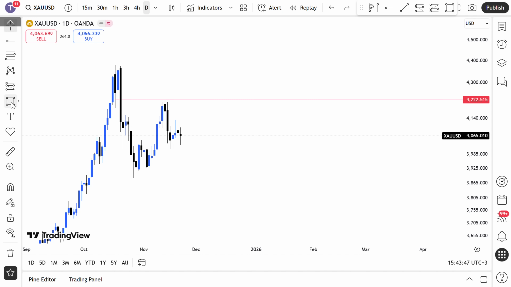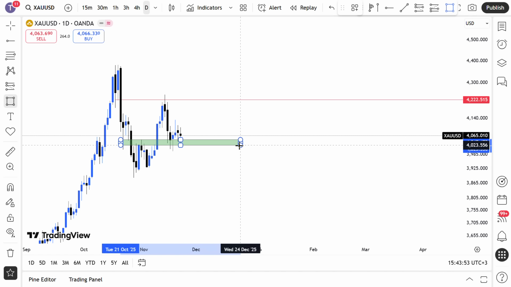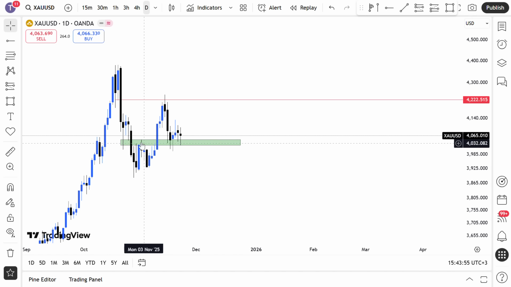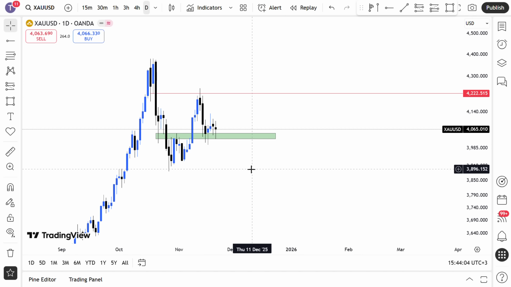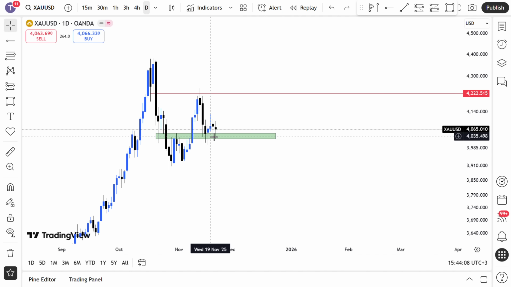And I told you guys, price is coming to retest this double bottom. We have a double bottom here. Price is coming to test this double bottom before we look for buying opportunities to the upside because we are still bullish on gold, so we are trying to look for buying opportunities from this point to the upside.